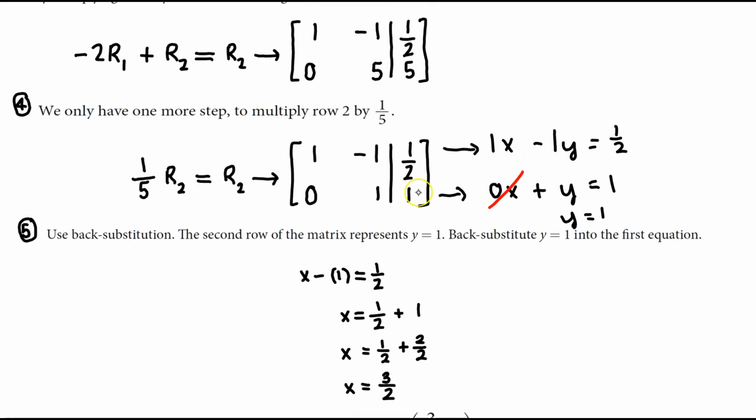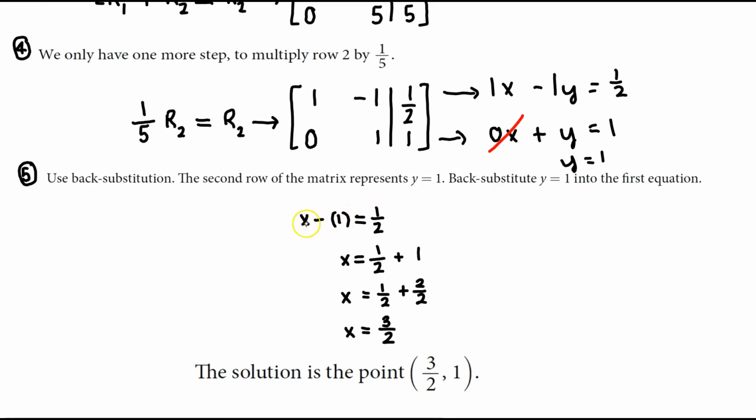Below, we can rewrite this equation: x minus 1 equals 1/2. We add 1 to both sides, and we get x equal to 1/2 plus 1, which ends up being 3/2. So now the solution is the point (3/2, 1).